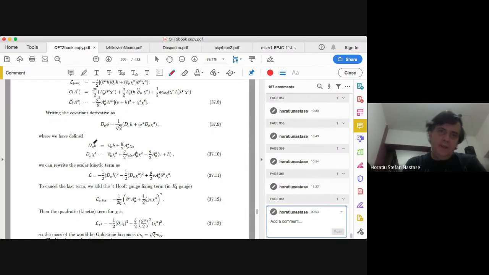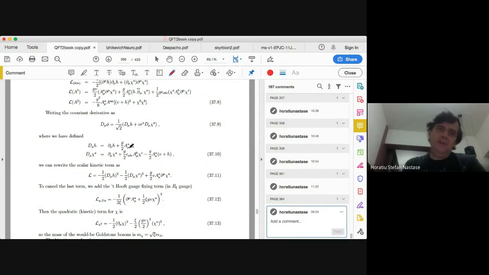So here, the covariant derivative of H is the normal derivative plus g over 2 A_mu^a chi^a. So it's a covariant derivative, but not in the normal sense.